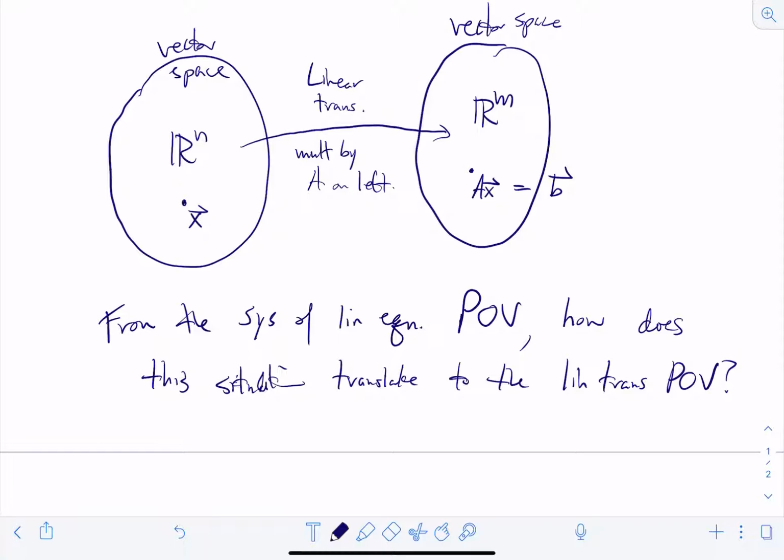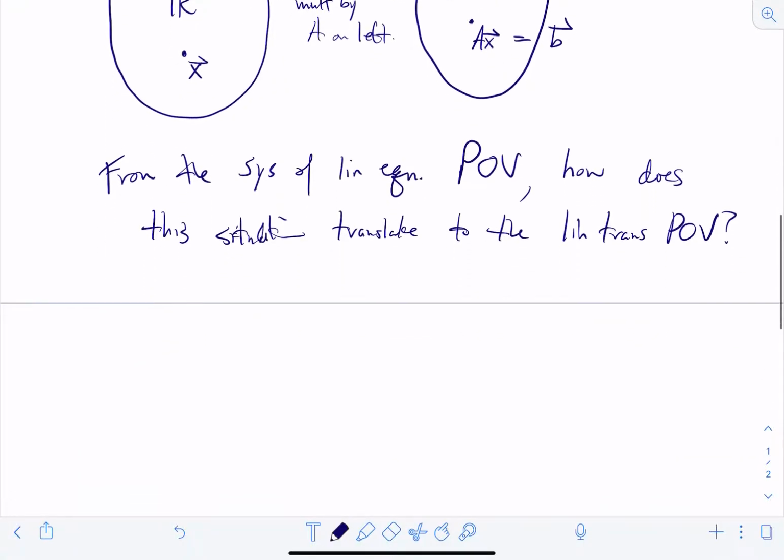And the way that you can think of this is you can think of the B. This is a specific vector.